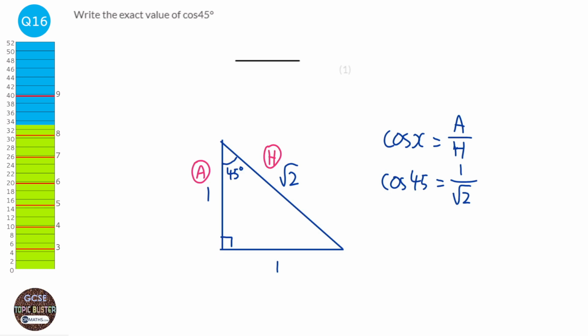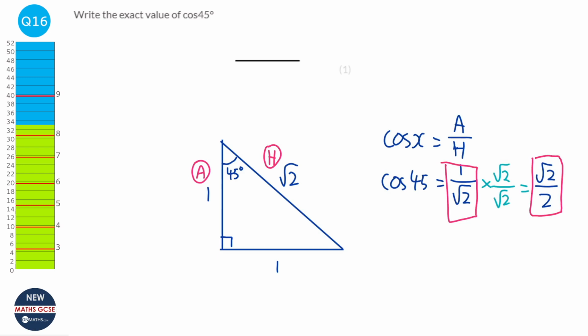And basically what that means, if you haven't done surds yet, or you aren't doing surds, is you times the 1 by root 2. And so we end up with root 2 over 2. So if you ever see 1 over root 2, that is absolutely fine as an answer, but if you ever see the answer as root 2 over 2, the two are actually exactly the same. So writing 1 over root 2 is fine, or writing root 2 over 2 is also correct.